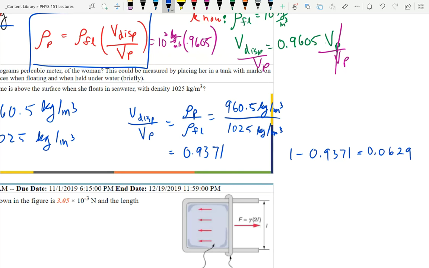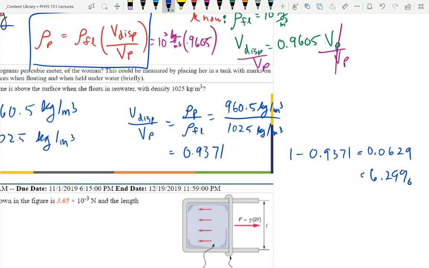Convert that to percentage, that's 6.29% is above water. Notice when she's in seawater, she floats higher. What if she were to go to the Dead Sea? It has a higher density still, so she would float even higher.